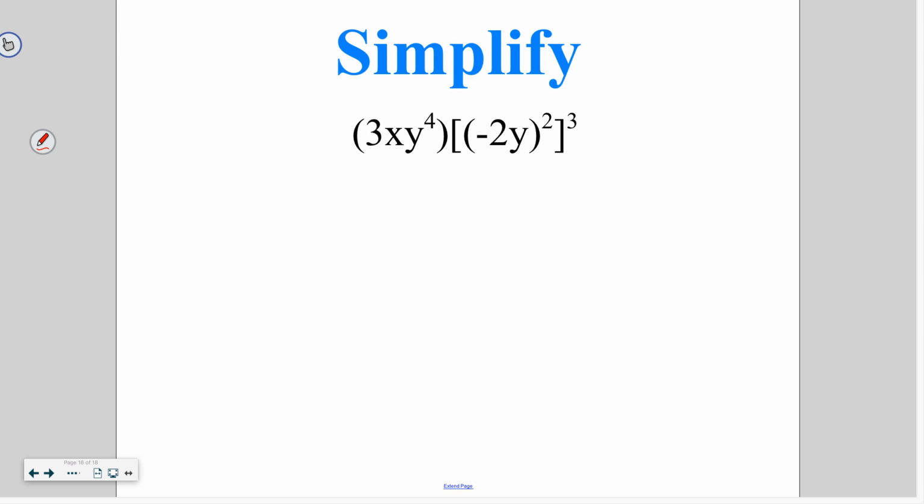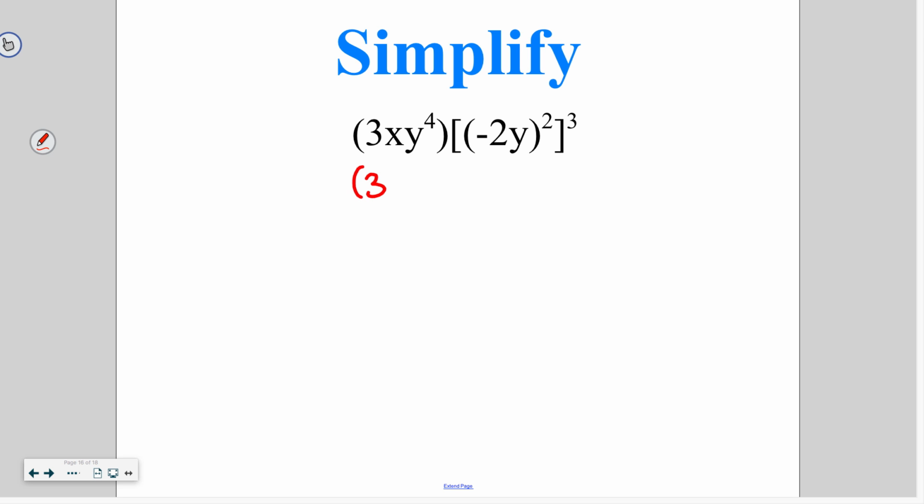We've got 3xy to the 4th, and then in brackets we've got negative 2y squared to the 3rd power. When you are simplifying, you want to start with the more complex piece first. So we're looking at this second piece. Start as far inside the parentheses as you can. So we're going to look at this inner part first. So I've got negative 2y raised to the 2nd power.